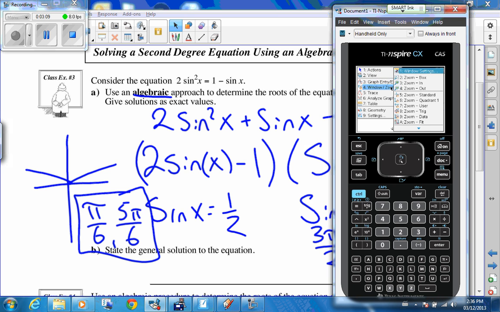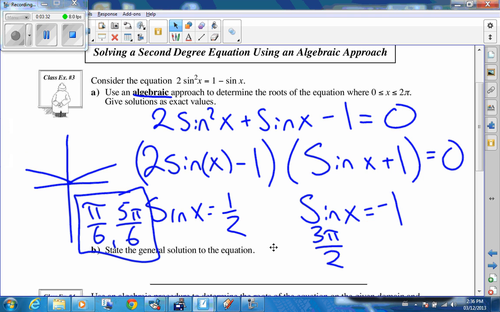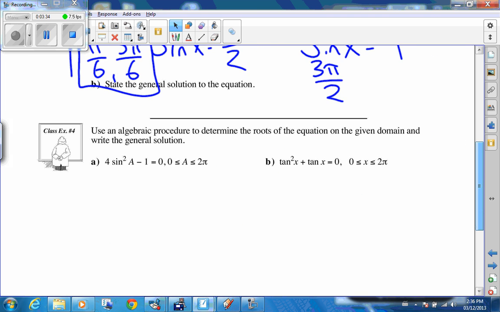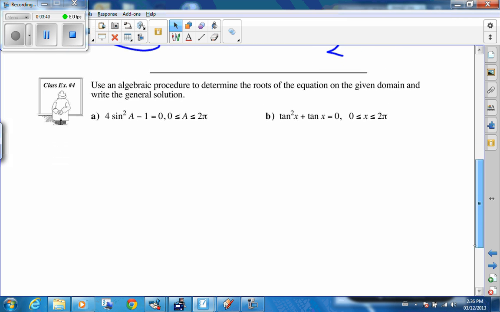Window settings, and let's change our x scale to pi divided by 6. Anyhow, these are the correct answers. Why I don't have those graphically, I haven't yet decided. I'll figure that out later.